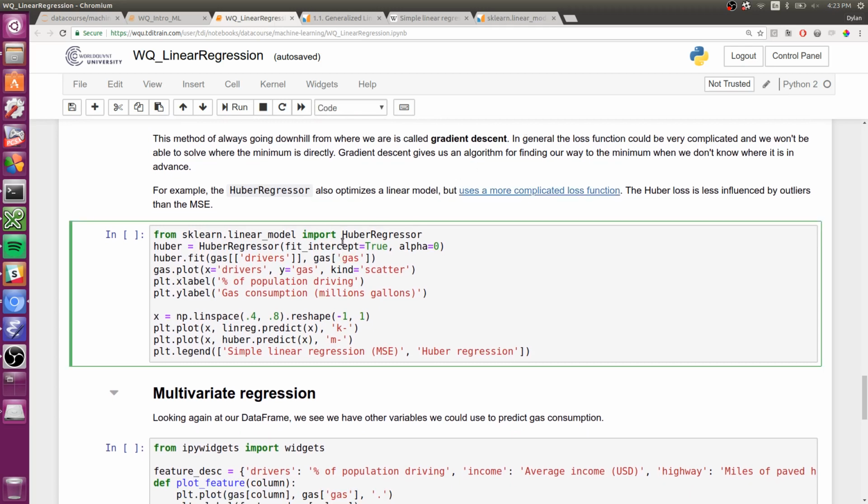So this time we make a Huber regressor object here. And once again, we simply fit that to the data we have. So we're trying to find the best fit line for predicting the gas consumption based on the percentage of drivers.